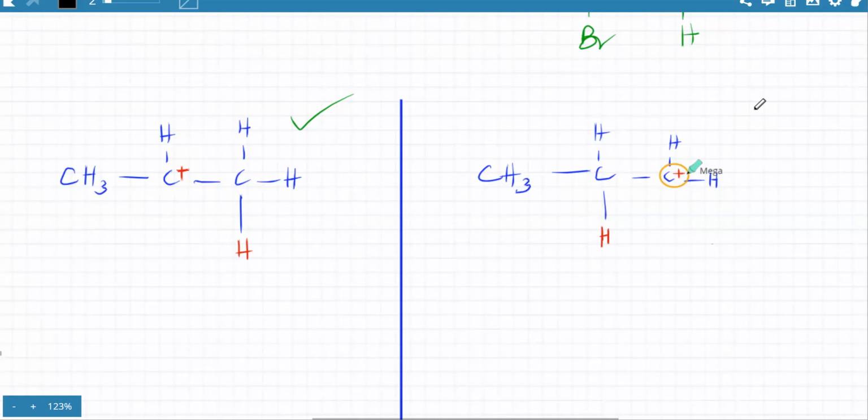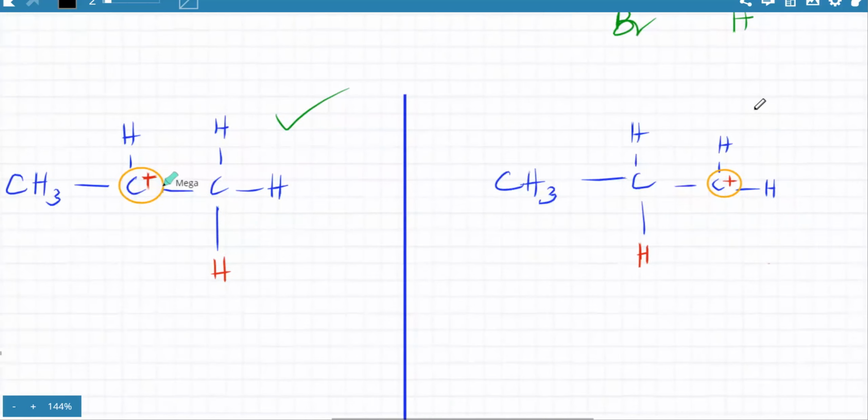So this is a positive carbon atom, and this one is also positive. So you can see in both cases there's a carbon atom which is positively charged.